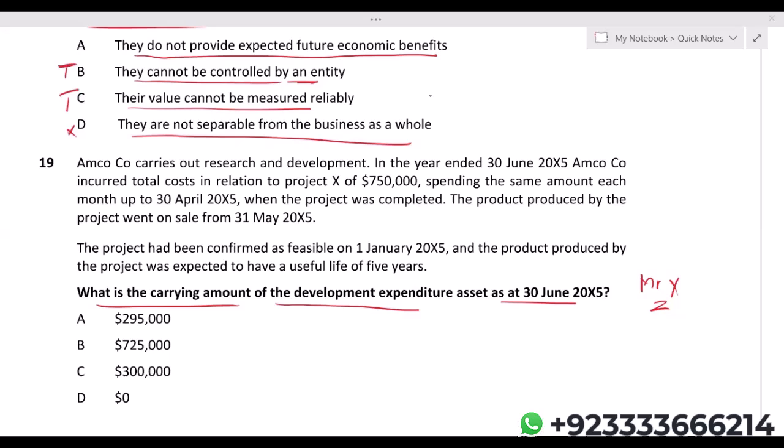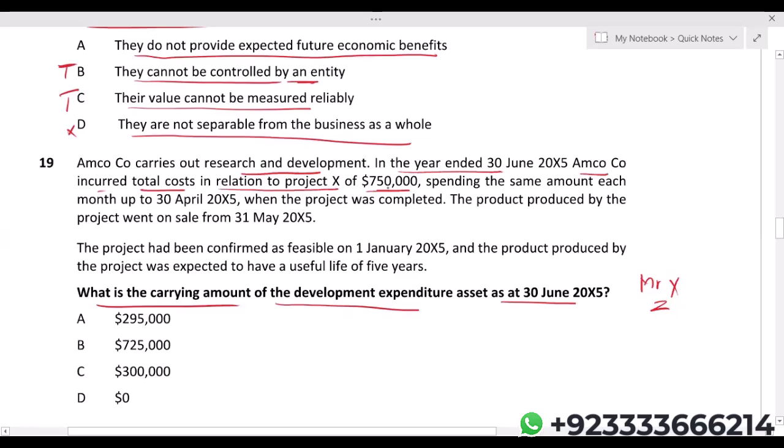So we need to calculate simply the carrying amount of development expenditure. Let's see. AMCO carries out research and development, R&D, in the year ended 30th June X5. AMCO company incurred total cost in relation to project X of 7,50,000.